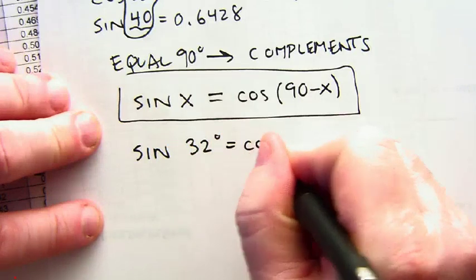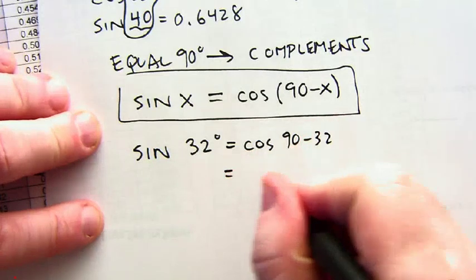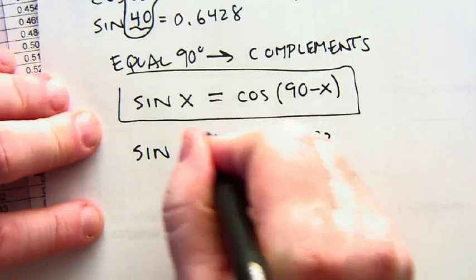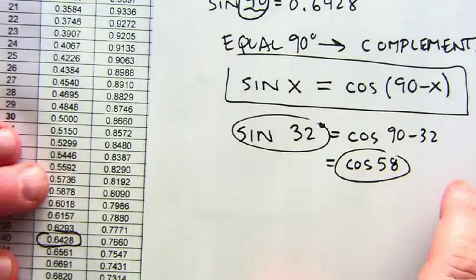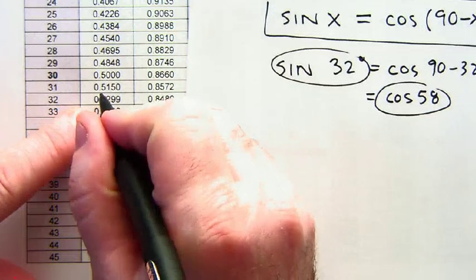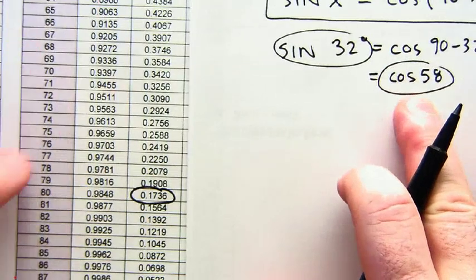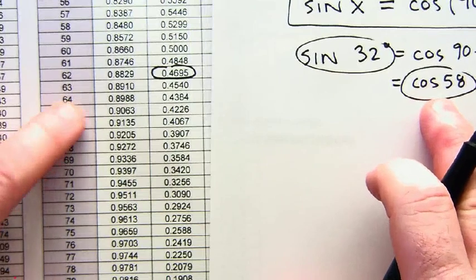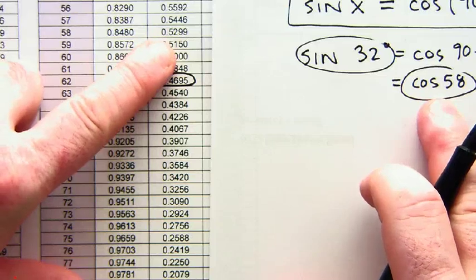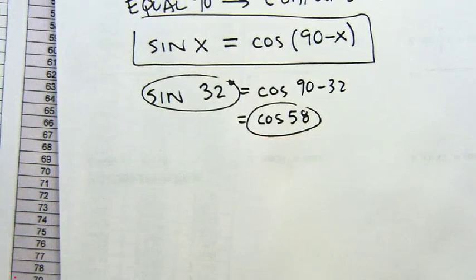So that should equal the cosine of 90 minus 32, which is, of course, 58. Let's go check it out. Is the sine of 32 the same? The sine of 32 came out to 0.5299. And let's go over to the cosine of 58. Cosine of 58, there it is, 0.5299 as well. So we've got a nice little relationship.